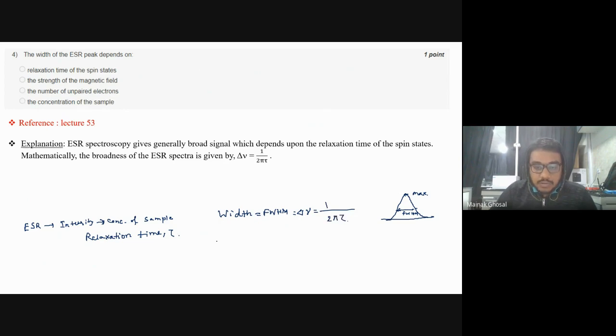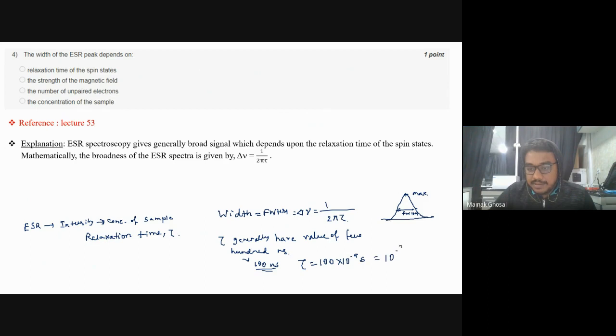Now the relaxation of the electronic states happens on a time scale of a few hundred nanoseconds. So tau generally has a value of a few hundred nanoseconds. Suppose I take 100 nanoseconds as an example. Writing 100 into 10 to the minus 9 second, you get 10 to the power minus 7 second.